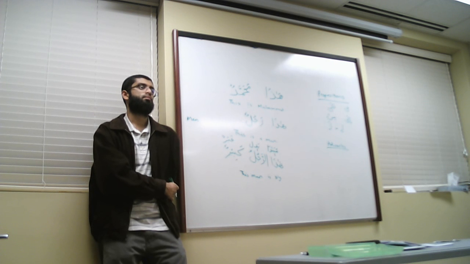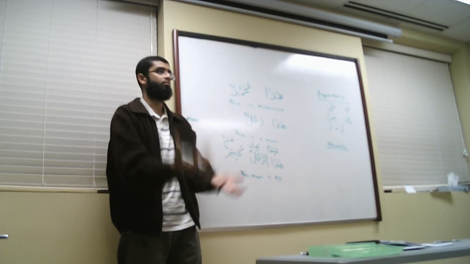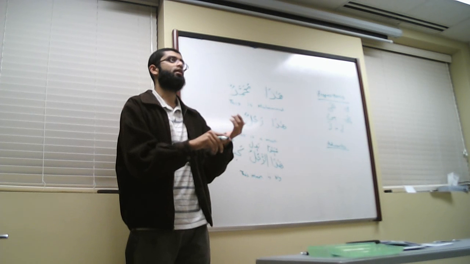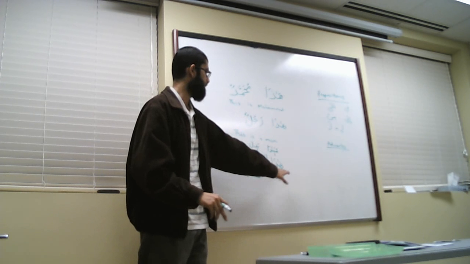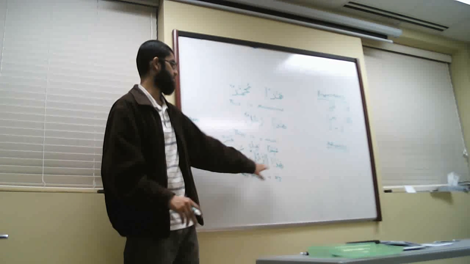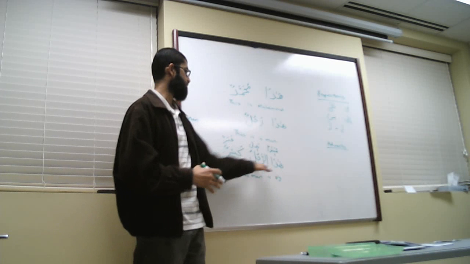The exception comes when you have a mudaf ilayhi, like Rasulullah. You don't say ar-Rasulullah, you say Rasul Allah. So anytime it's definite you have to have the al, and one of the exceptions is that it's mudaf.